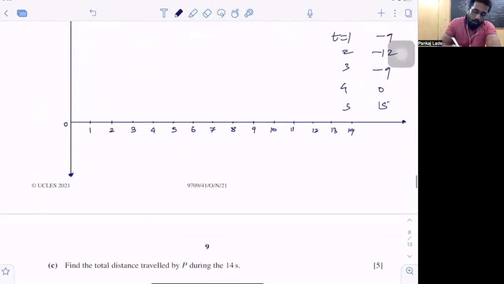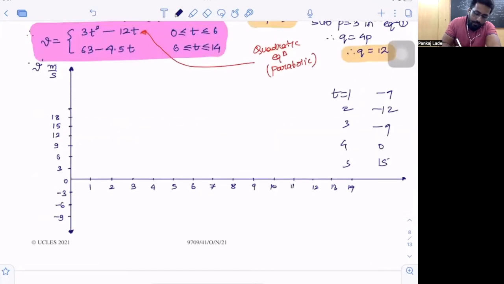And then I can also take this as -3, then -6, -9. I'll have 3, 6, 9, 12, 15, 18, 21, 24, then 27.